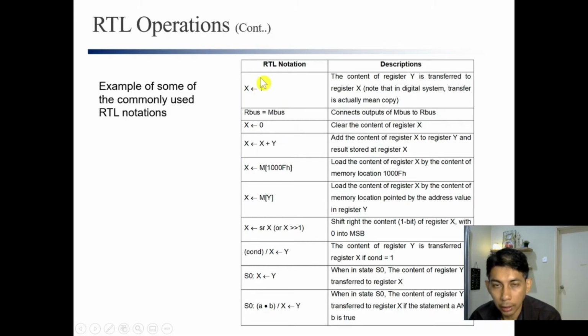So this is how we say that we want to move or transfer the data from Y to X.